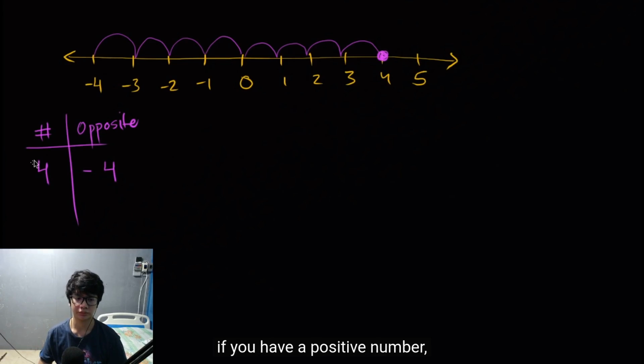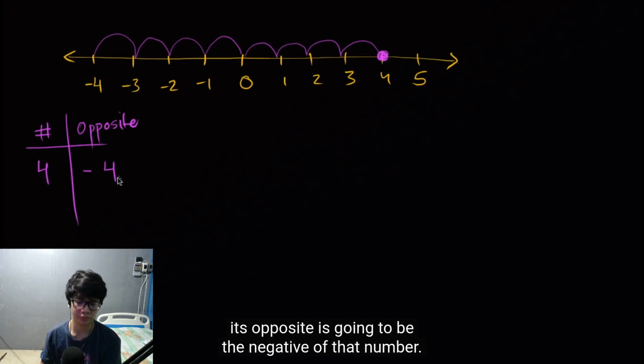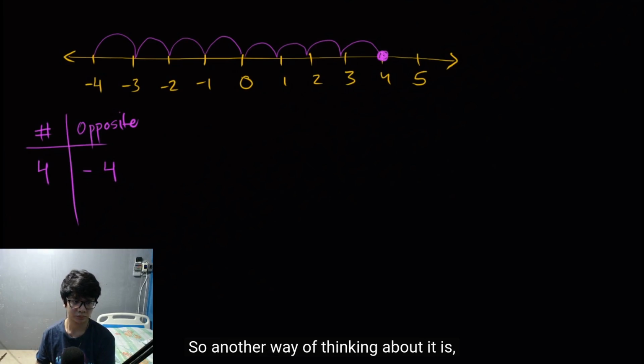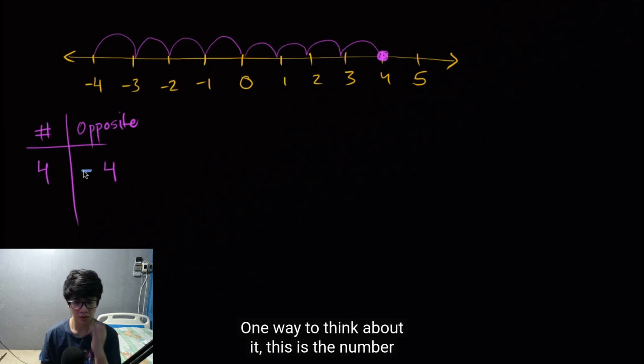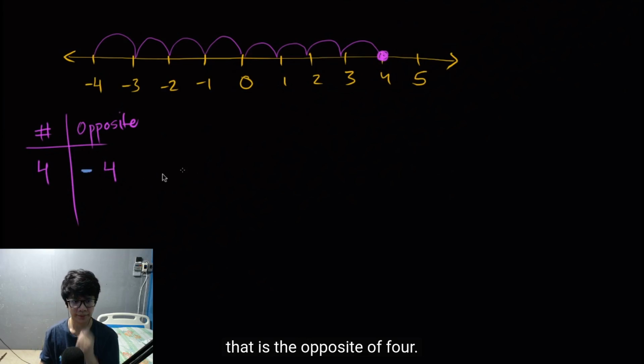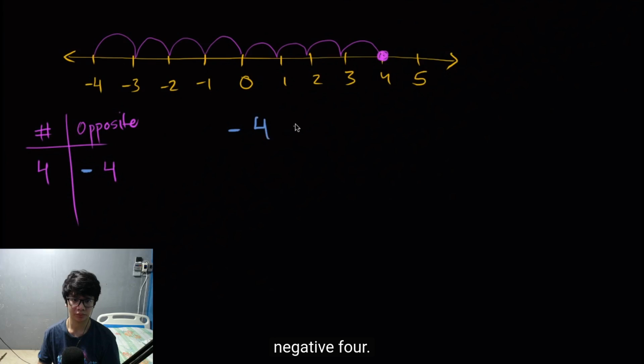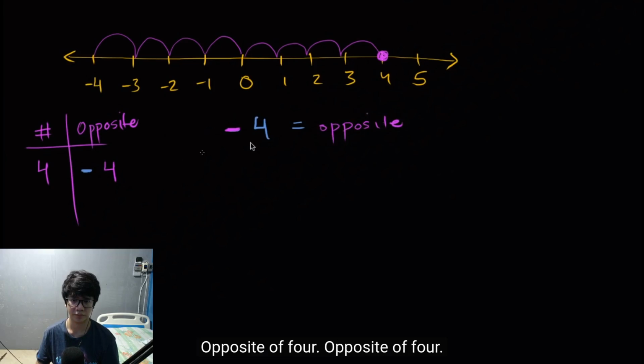Or another way to think about it, if you have a positive number, its opposite is going to be the negative of that number. So this negative literally means opposite. If I write negative 4, that literally means opposite of 4. You can take this negative symbol as meaning opposite of 4.